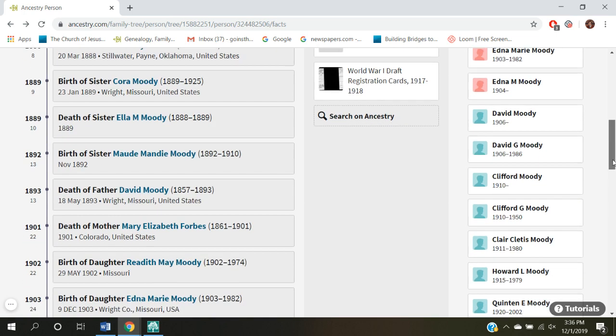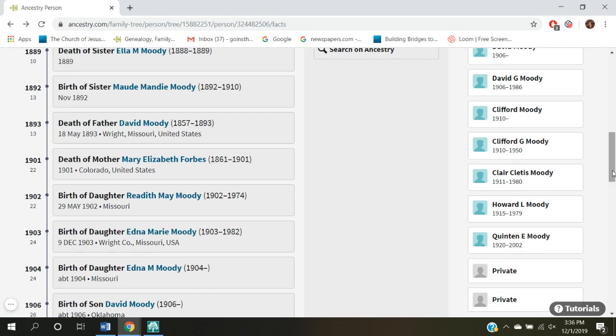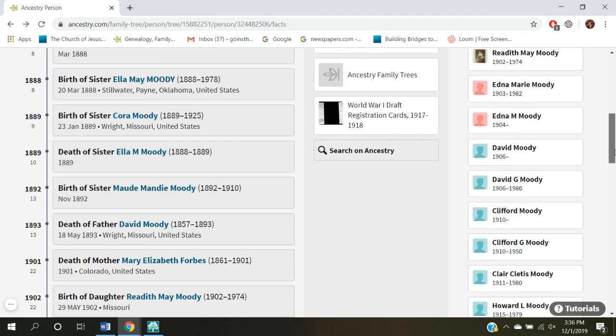These other children, Claire, Howard, and Quentin, are born between 1911 and 1920. So I will need to go to the 1920 census to verify if they actually had Claire, Howard, and Quentin as children.